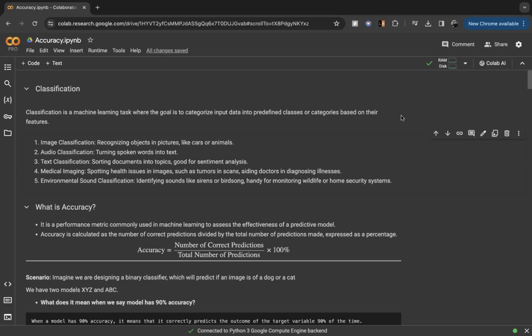Some examples of classification are classifying an image, like whether it has a dog or a cat; audio classification, where you can convert spoken words into text; text classification, where you can do sentiment analysis on Twitter data to tell if it is positive or negative; medical imaging, where you can use classification to understand if there are tumor cells or not; and environmental sound classification, where if there are multiple sounds coming in, you can classify it as bird song or a dog barking, etc.